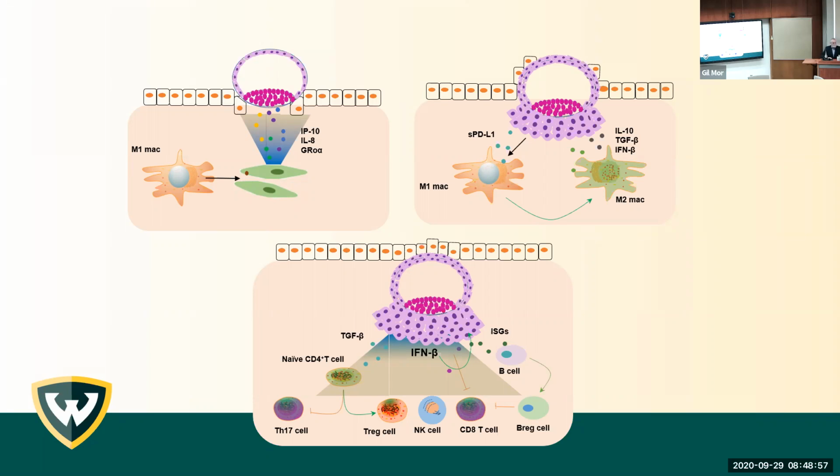So there are two roles: transforming M1 macrophages into M2 macrophages, and suppressing inflammatory cytokines produced by the stroma cells or decidual cells. They help the conversion into full decidual.